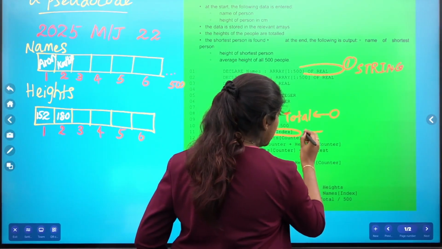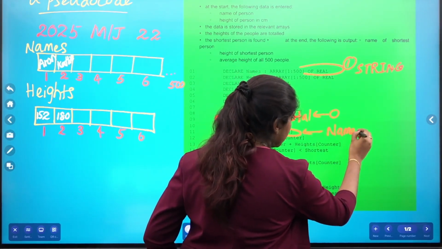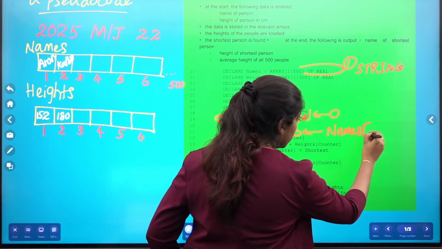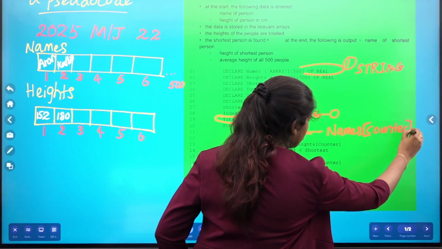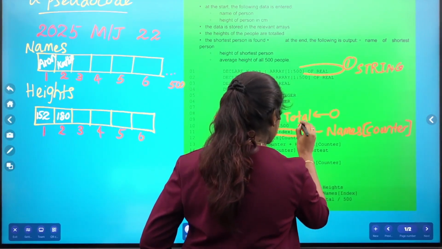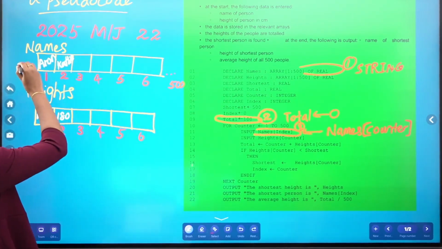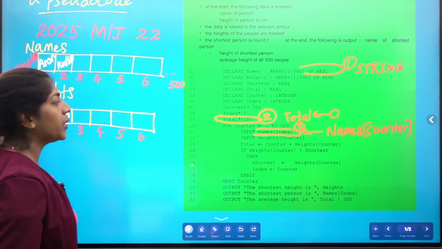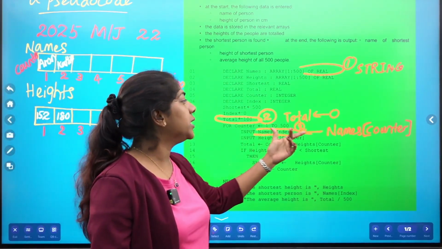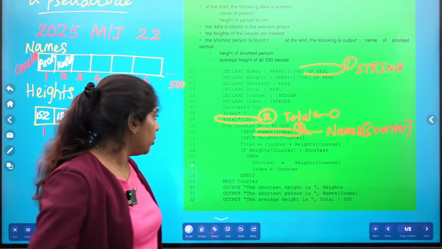It has to be names counter. This is the third error. Why? Here we have used index instead of counter. So the third error is spotted. Yes. Moving on.